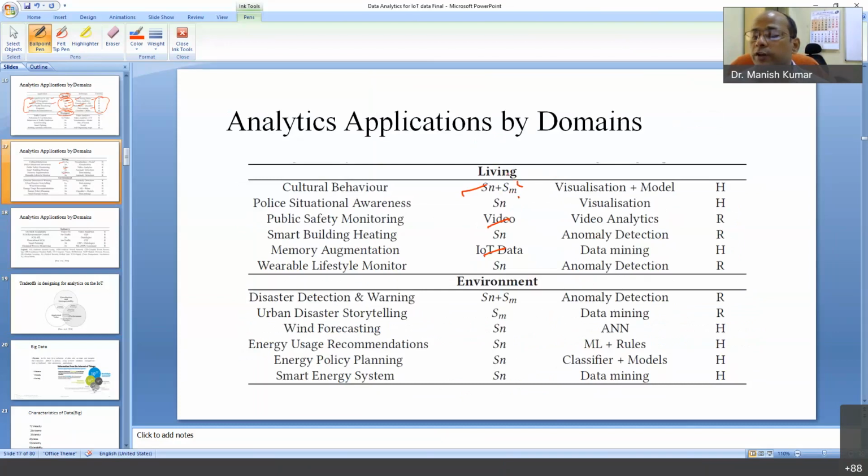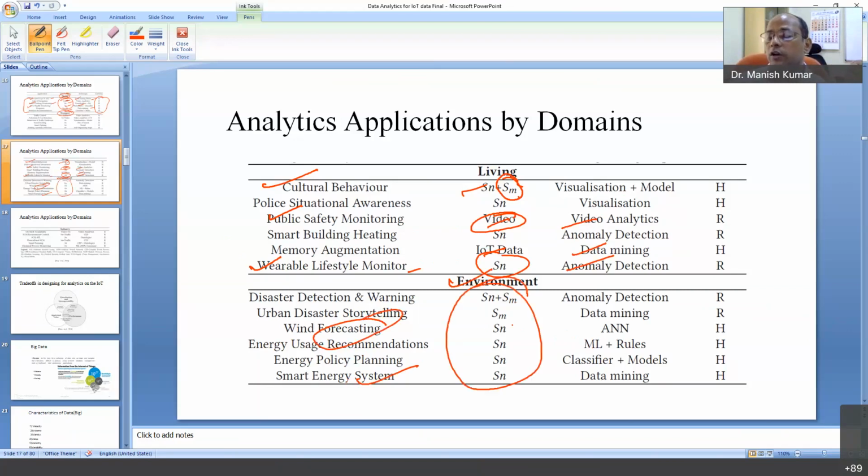SM corresponds to social media. So we have used social media for cultural behaviors. You can see public safety monitoring done by video surveillance, and wearable lifestyle monitoring done by sensors. The methods used are data mining, anomaly detection, and video analytics. In the case of environment, we have wind forecasting, weather forecasting, and energy system forecasting.